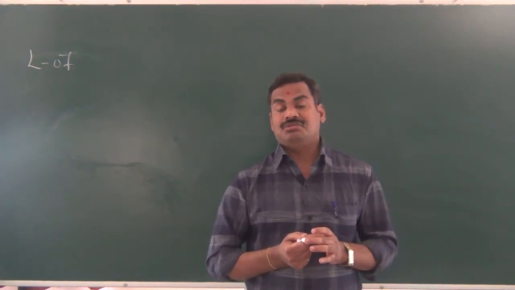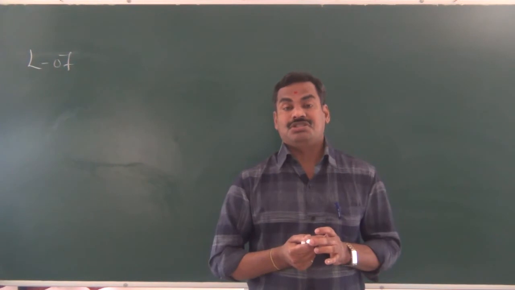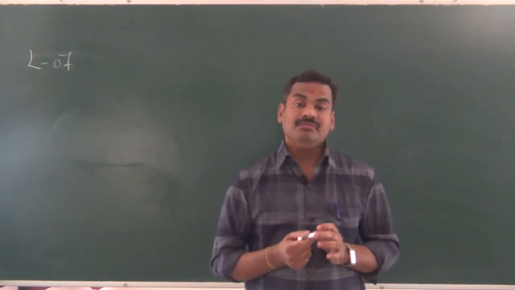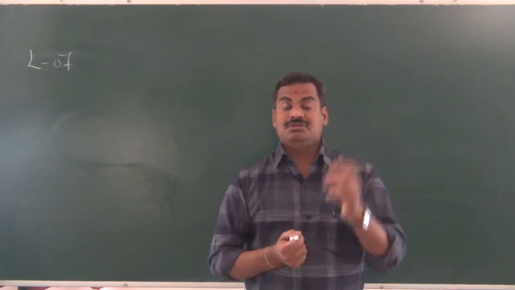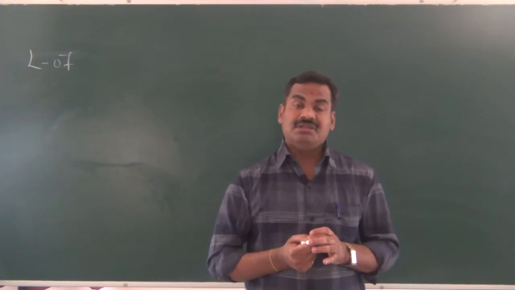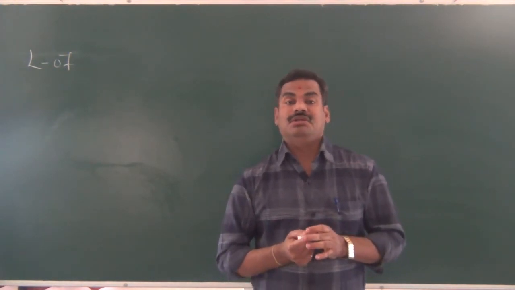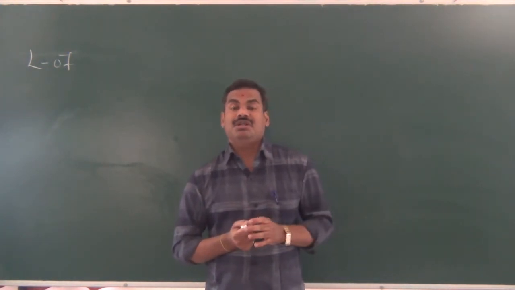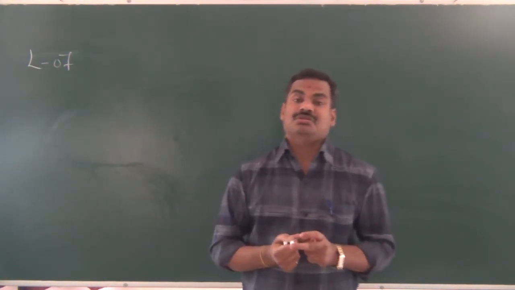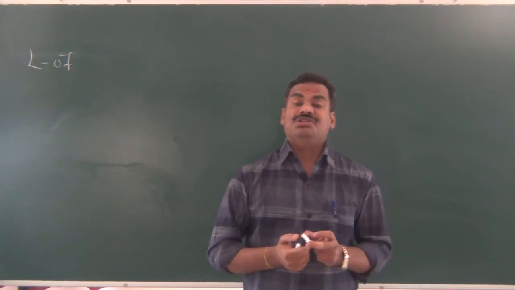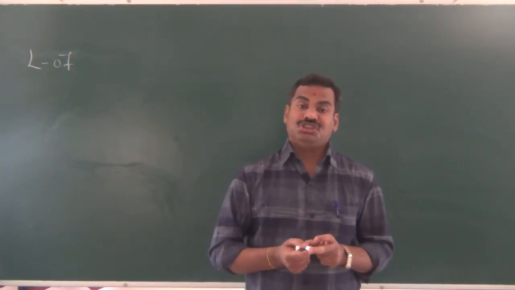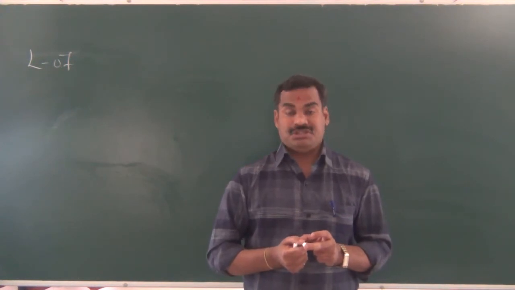Basically, a transistor is a three-terminal semiconductor device, but inside the transistor there are two PN junctions. Like that, there are so many. Consider any electronic gadget, inside it you have one or two PN junctions. It means the PN junction is the heart of semiconductor devices.